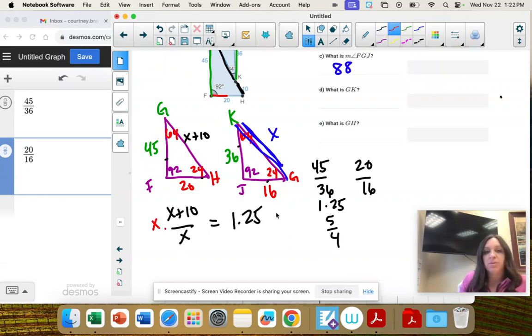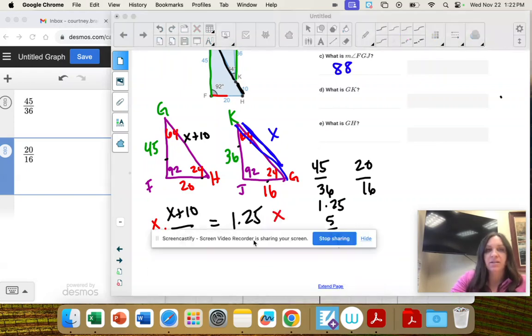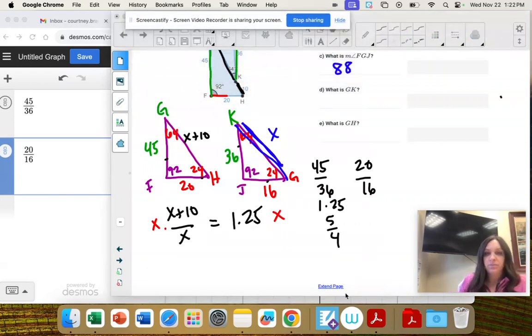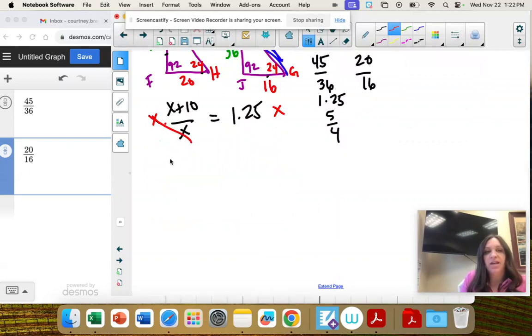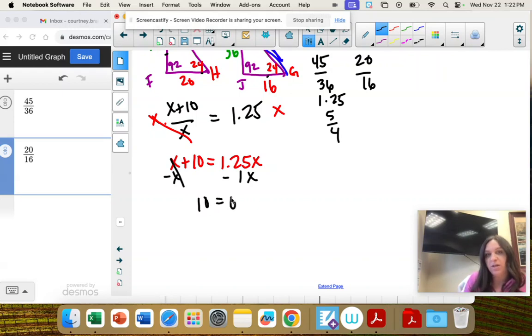Because now I'm going to multiply both sides by X. And I'm left with X plus 10 equals 1.25X. Minus 1X, I'm going to write 1X because 1.25 minus 1 is just 0.25.